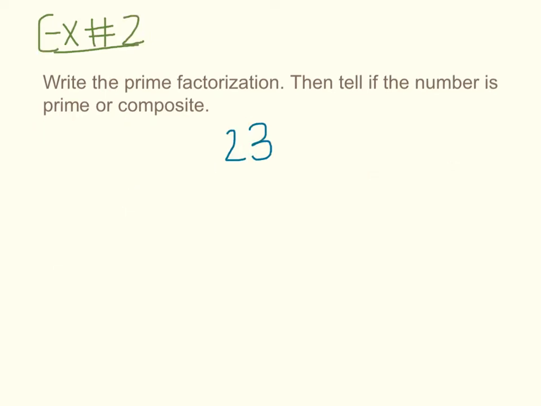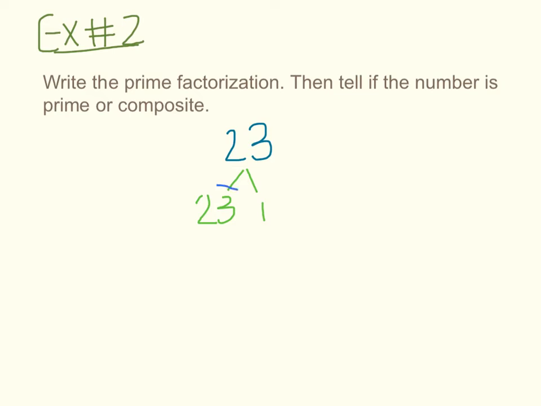Example number 2, we're doing the same thing. So we have the number 23. And we think to ourselves, what times what equals 23? So there is nothing that is going to go in evenly without giving us a remainder or a decimal. So our only option for breaking this down is 23 times 1.